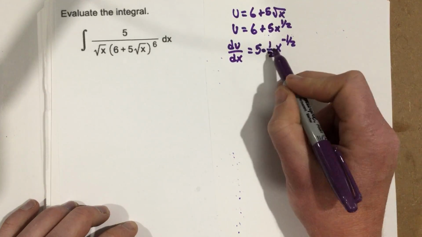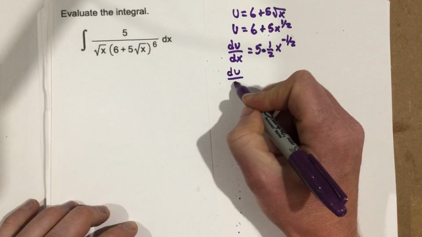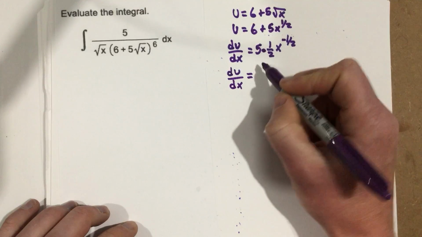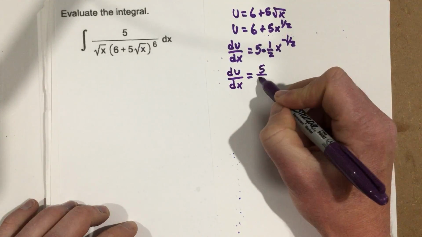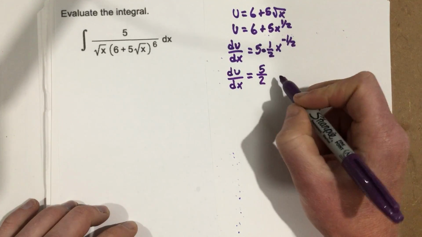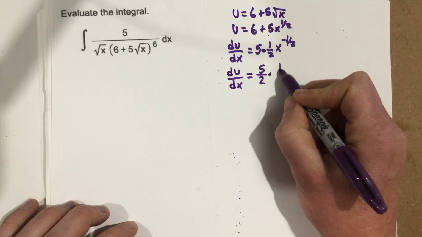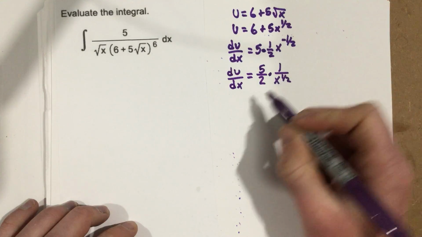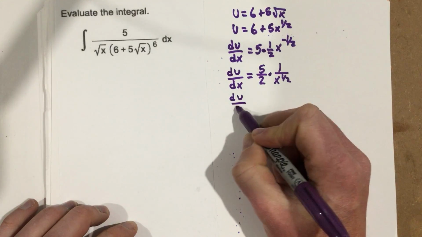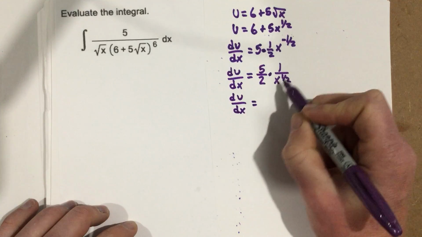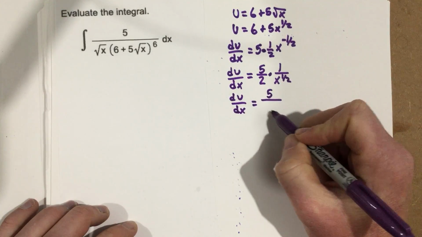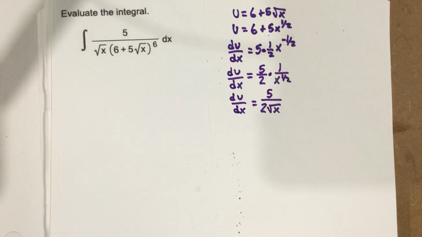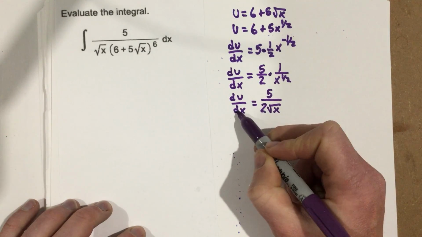Let's go ahead and rearrange this a little bit. So I have du over dx, and that would equal 5 halves. And if I do x to the negative 1/2, that's times 1 over x to the 1/2. And then I can say that du over dx is equal to 5 over 2 root x. Okay, I need to solve this for dx.